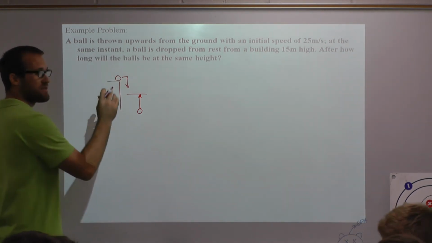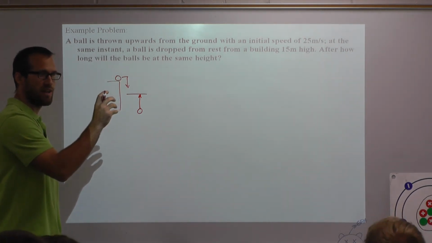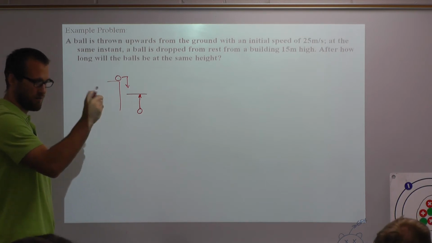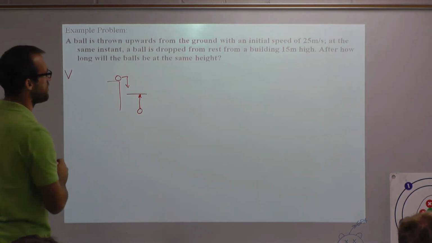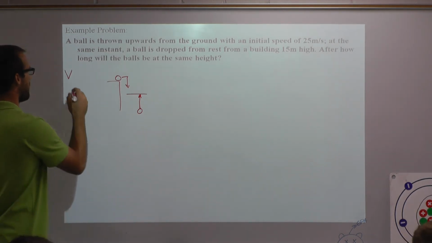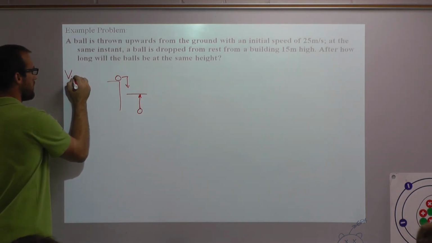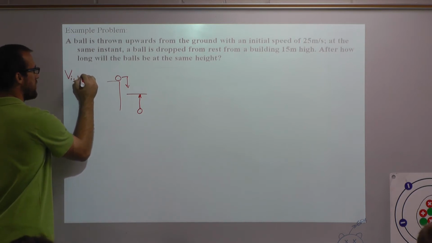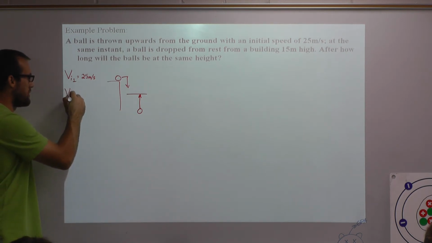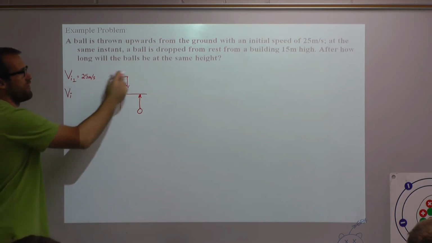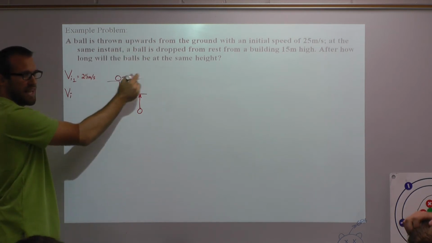We have two situations here, so we need to identify VI1 and VI2. The one that's 25 is the first one. So VI1 is 25 meters per second. What is VI2, the initial of the second guy?